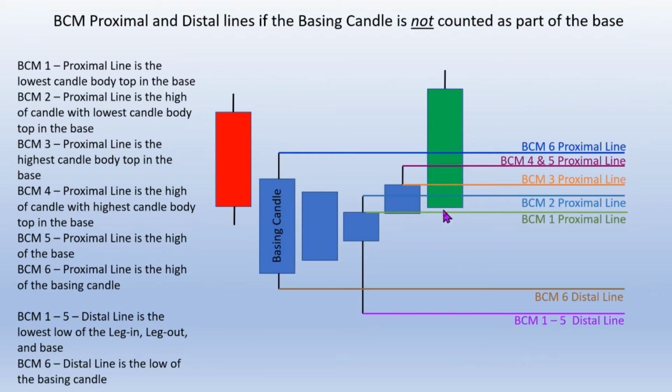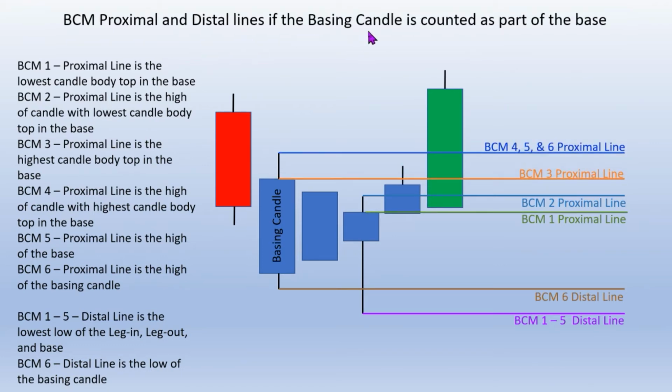Same thing for the leg out. If it had a long wick and was lower than this, it would become the distal line. For BCM 6, the distal line is the low of the basing candle. Okay, so you can see that the base is determined solely by the basing candle with base creation method 6.